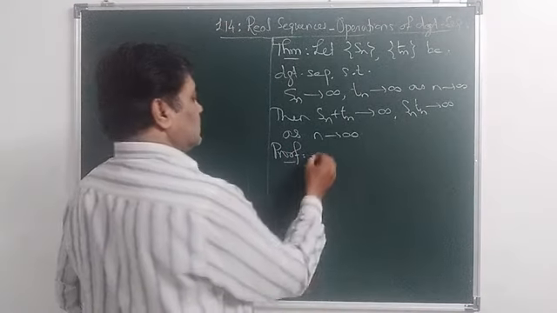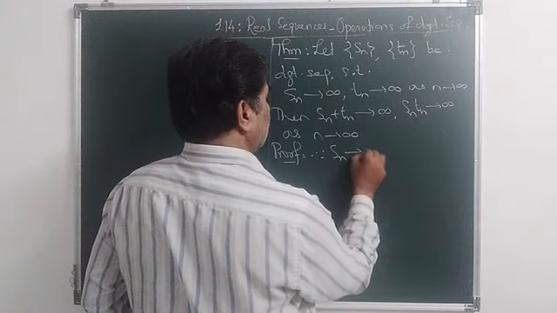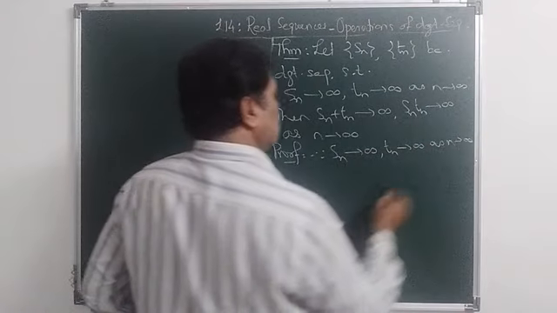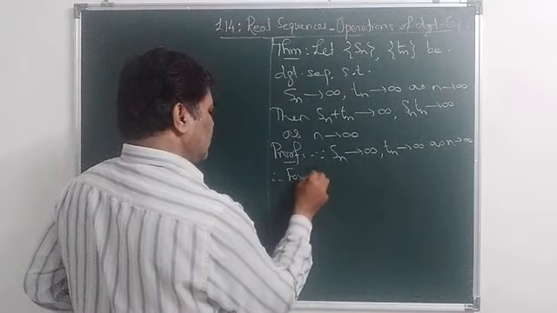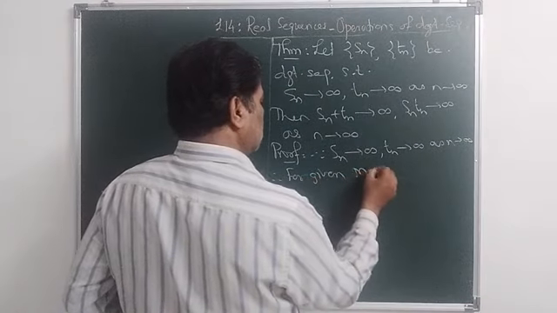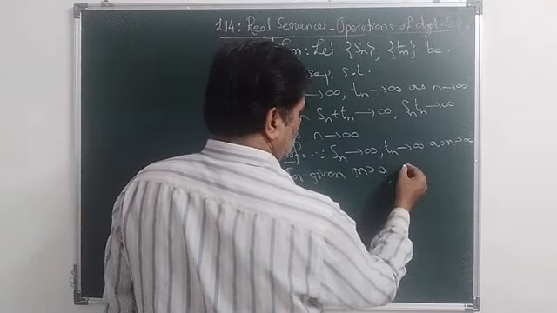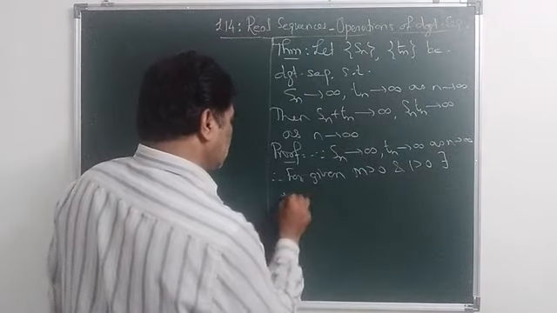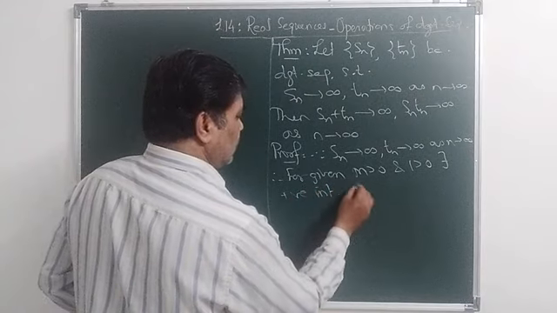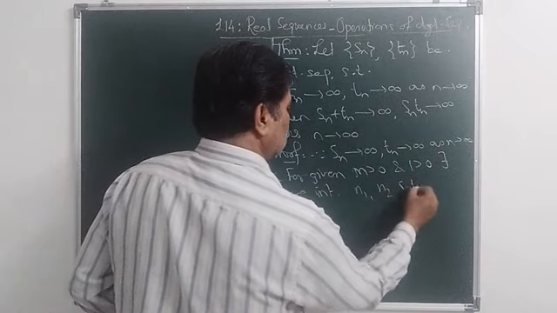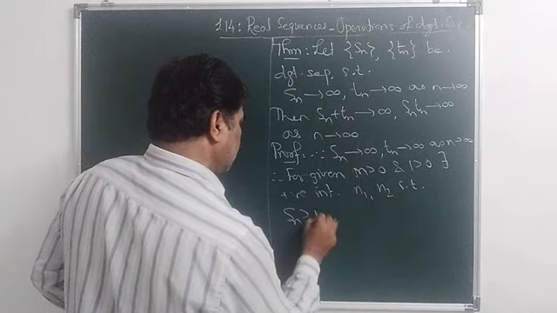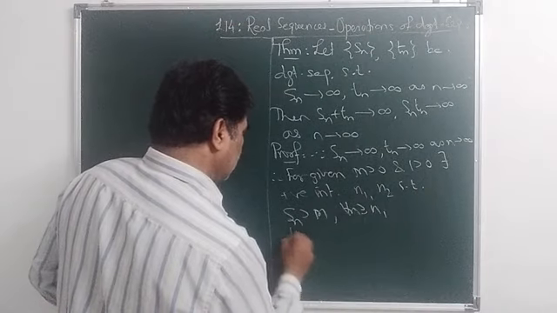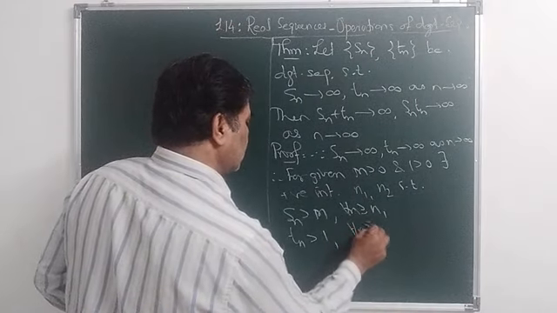So since Sn tends to infinity and Tn tends to infinity as n tends to infinity, therefore for given m greater than 0 and 1 greater than 0, there exist positive integers n1, n2 such that Sn is greater than m for every n greater equal n1 and Tn is greater than 1 for every n greater equal n2.